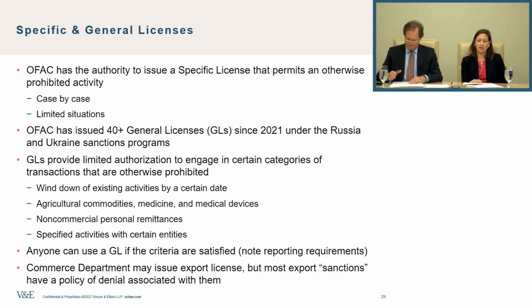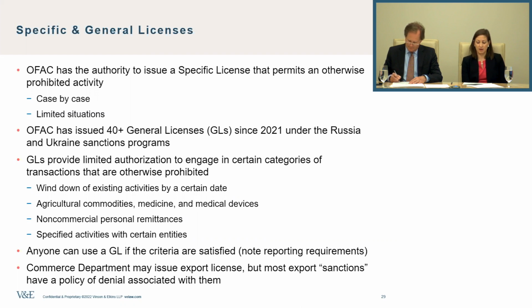There are also general licenses available for providing certain agricultural commodities, medicine, and medical devices to Russia. And these general licenses are typical of other sanctions programs too, but we're specifically talking about Russia with these examples. Non-commercial personal remittances to Russian individuals, family members, and things like that are also authorized generally.